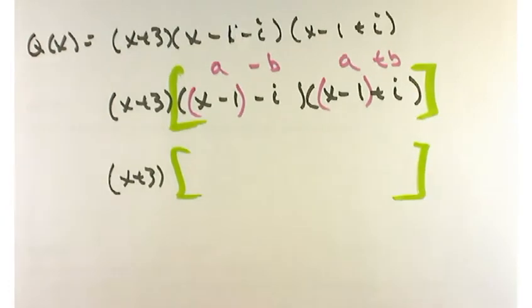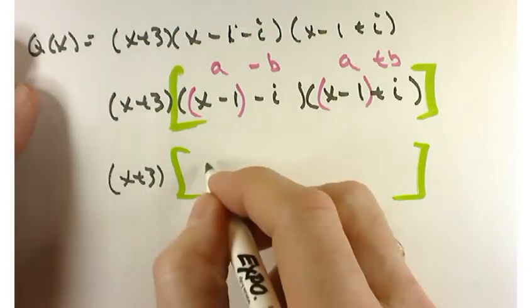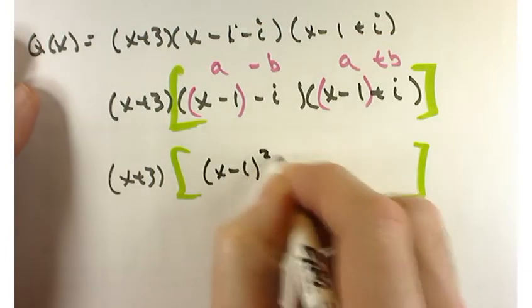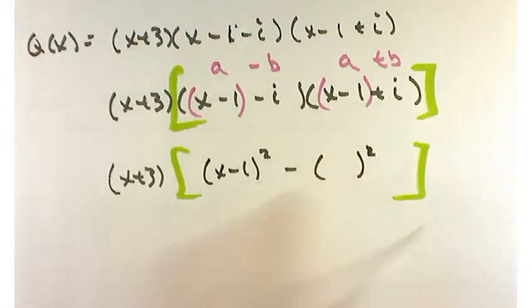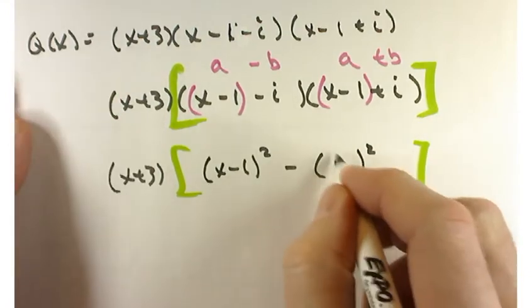Okay. You should have written down this. x minus 1 squared minus what else squared? i squared. All right.